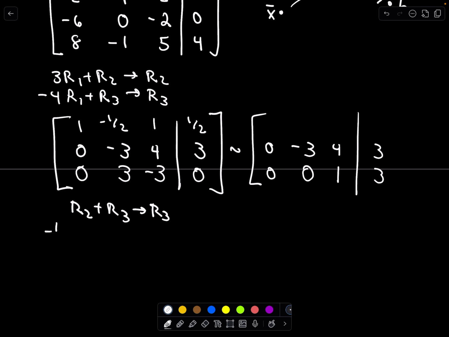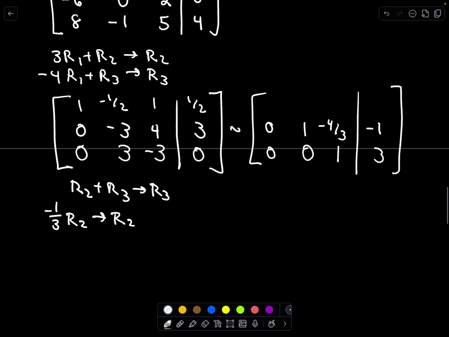I'm going to do the same thing though. I'm going to take negative 1/3 and multiply that by row 2 to give me my new row 2. So I'm just dividing everything by negative 3. So that'll turn into a positive 1. This will become negative 4/3. 3 divided by negative 3 is going to be negative 1. Okay, so I want to get a 0 above it. That's why I did it.